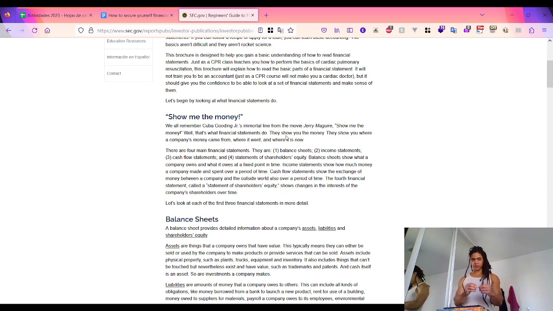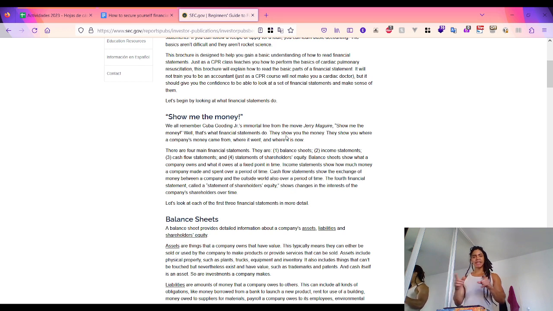And the shareholders' equity shows the amount of money owners paid to purchase company stock, plus or minus the company's earnings or losses since inception. Some companies may redistribute their earnings, and they call that dividends.